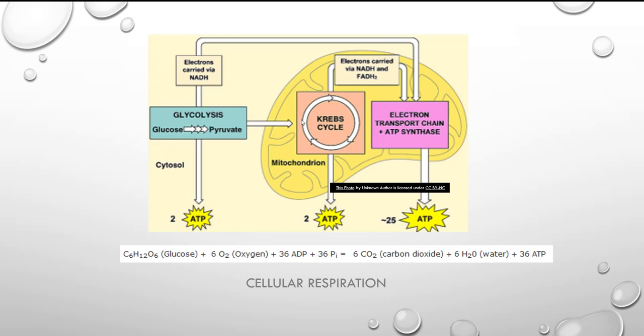That entered the citric acid cycle, where they were completely broken down into carbon dioxide. And then the electron carriers traveled to the electron transport chain, where the electrons were finally accepted by oxygen. And that was used to power the ATP synthase in order to generate ATP.